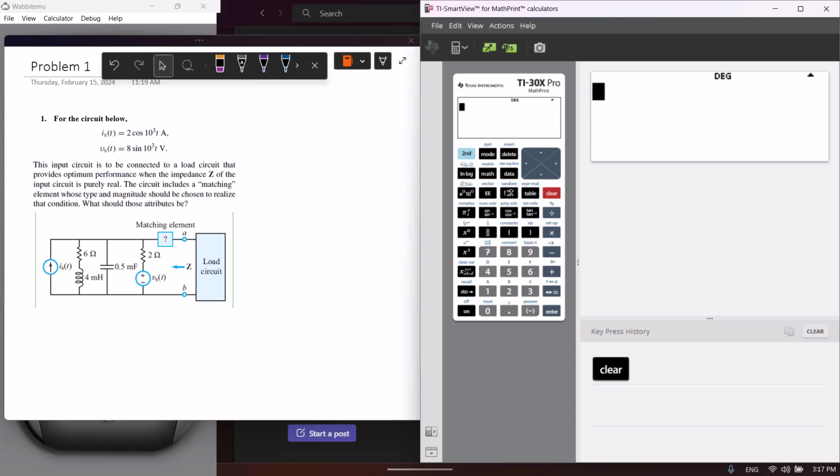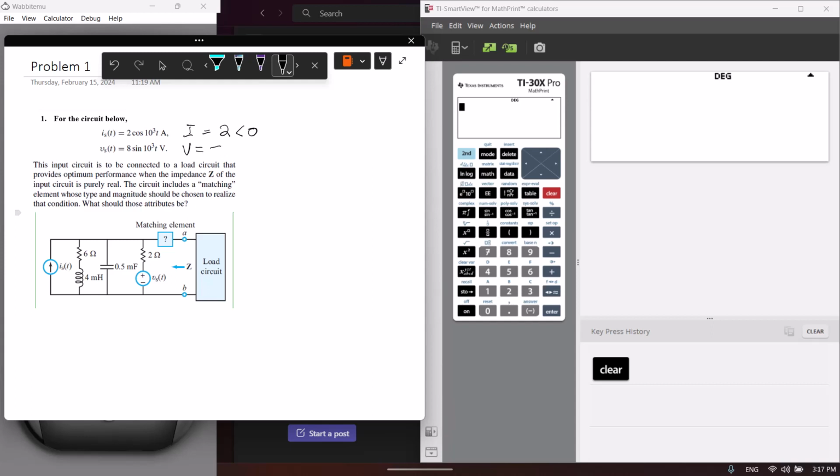So we'll start by changing all of these things into the phasor domain. So I is going to equal 2 angle 0 because there's no additional phase. Now notice Vs of t, that's a sine, and so it equals 8 cosine, so before I change it to a phasor, 8 cosine 1000 t minus 90 degrees.